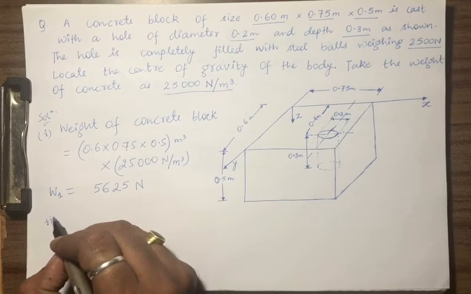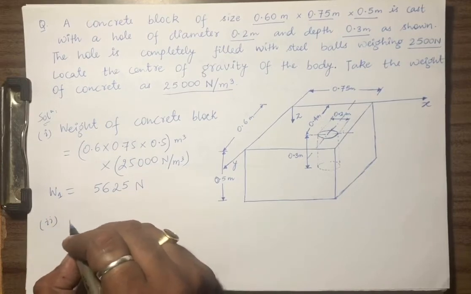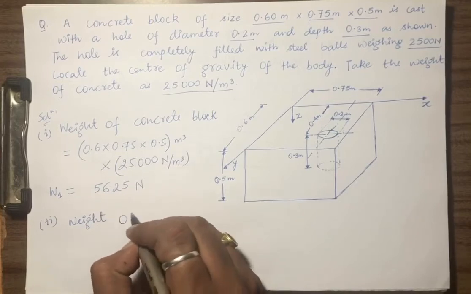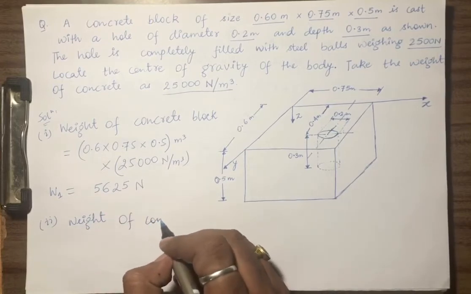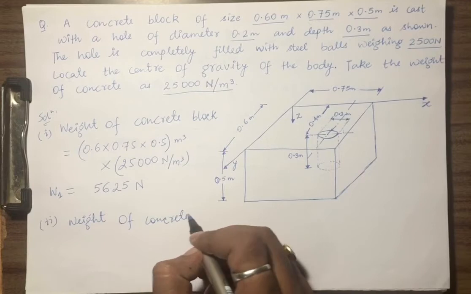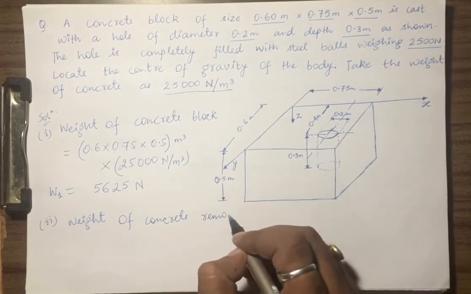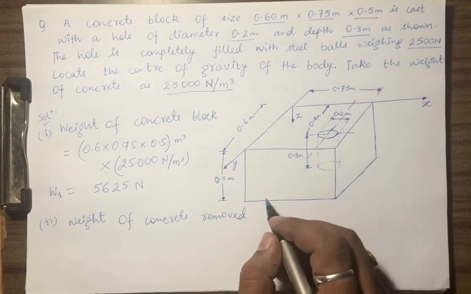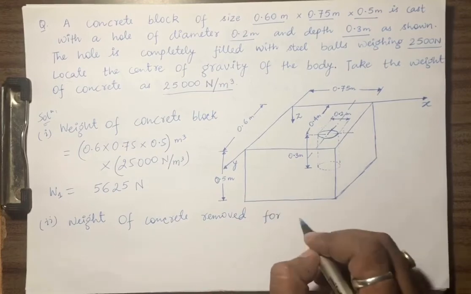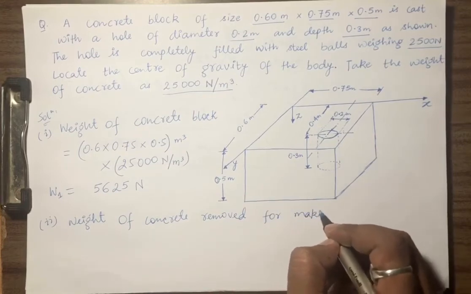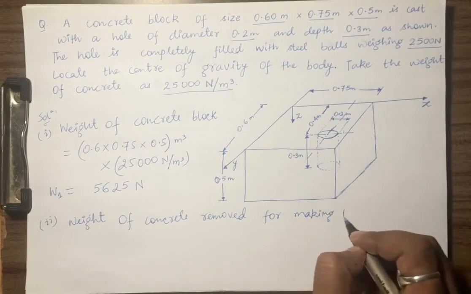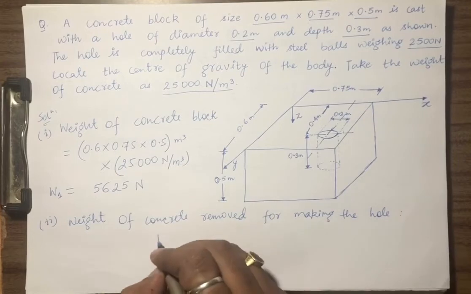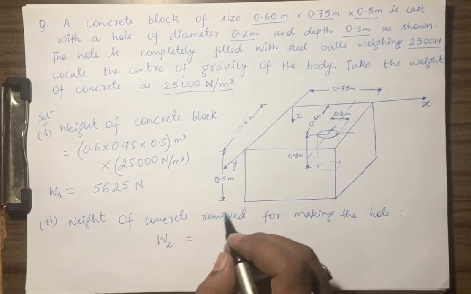Now the weight of concrete removed. For making this hole, we have to remove some concrete. So let us calculate that weight for making the hole. Let us say this is W2.